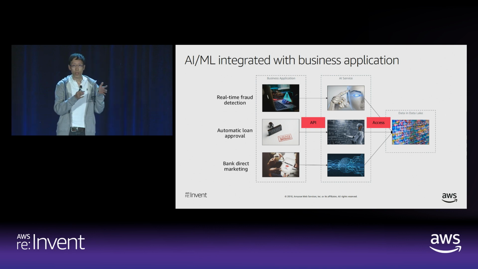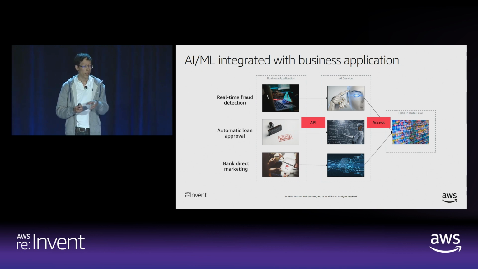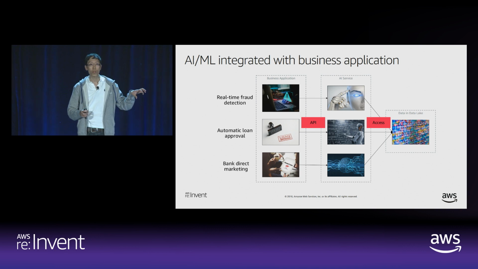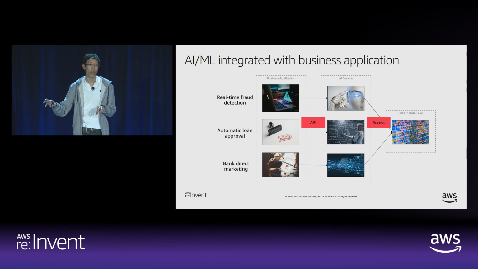And behind the business applications, we have AI as a service. For example, you use SageMaker to build it as an API, right? So the business app calls the API, and the AI API uses the data from the data lake, right? So this is the flow.